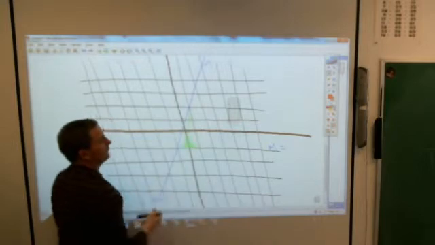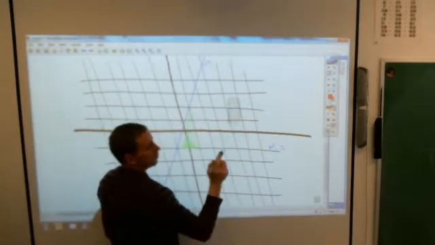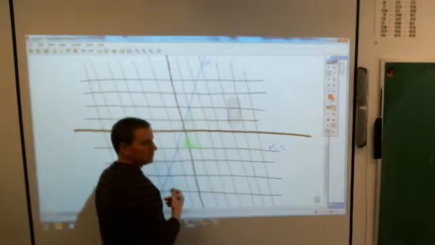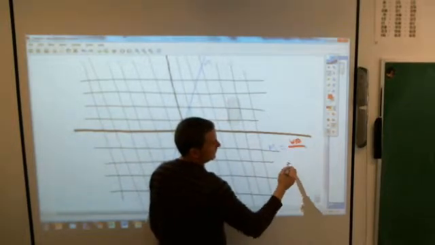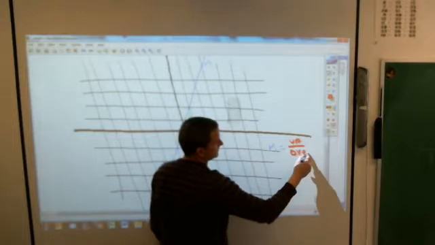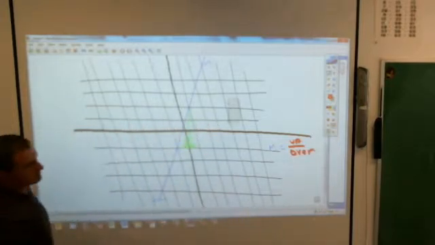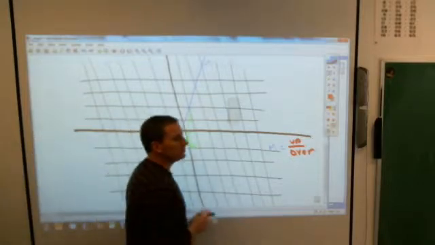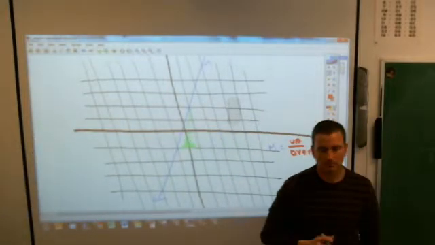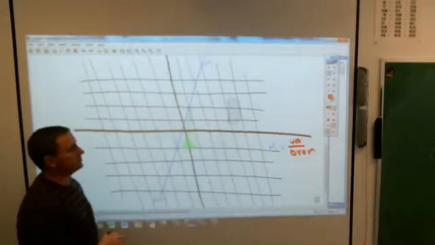What is the slope of this line right here? Well, you should put this in your mind: the top is the up number, and the bottom is the over number. How tall is my triangle?